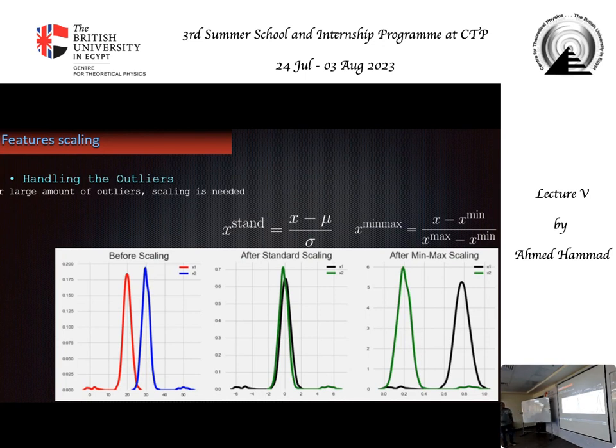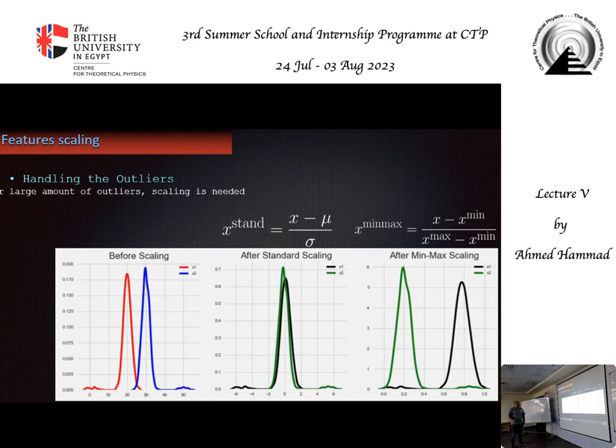Okay. So this is the scaling. How can we scale or normalize this? For example, you can see here the x-axis for two distributions, x1 and x2, ranges from 0 to 60, with different values for the red and the blue. There are two scaling methods we can use. The first is called standard scaling, where you normalize your distributions such that they follow the standard distribution, the Gaussian distribution basically.